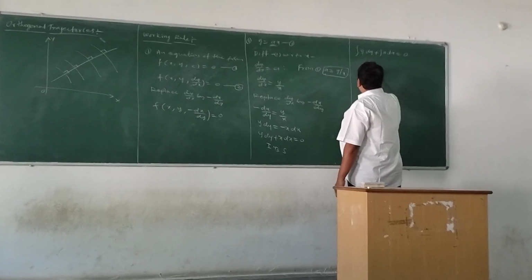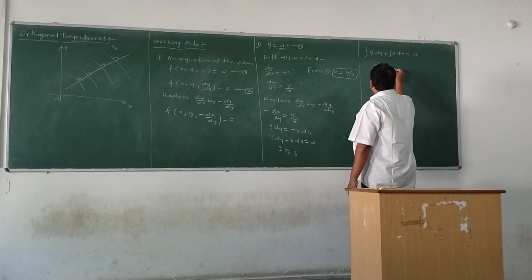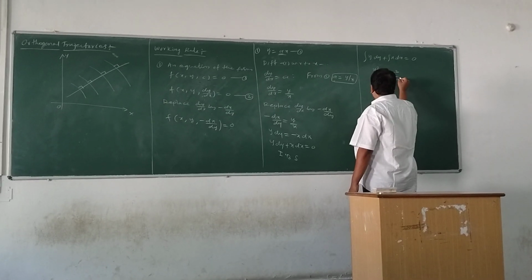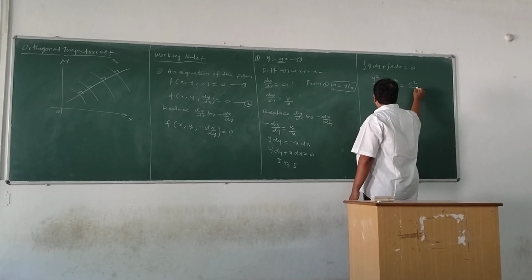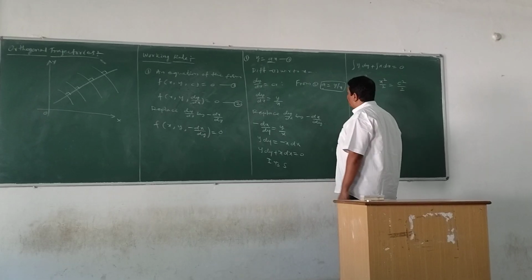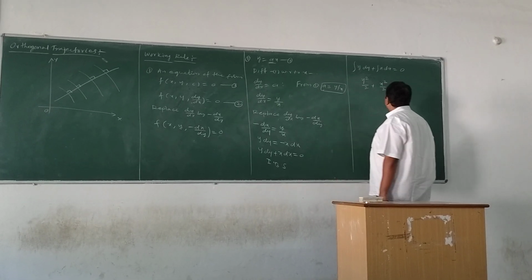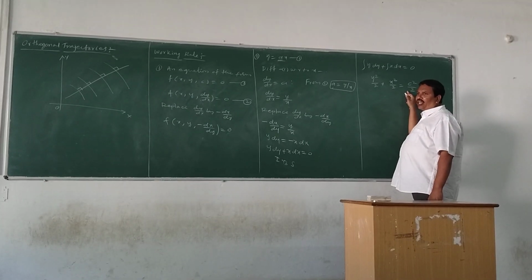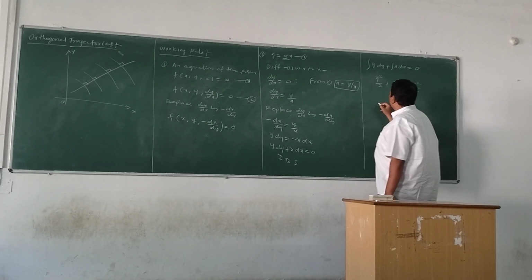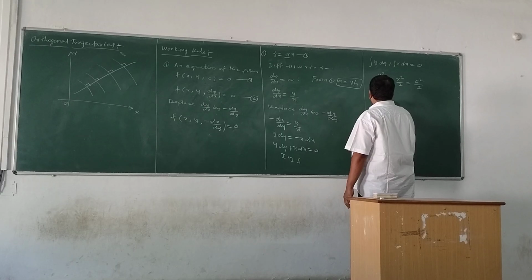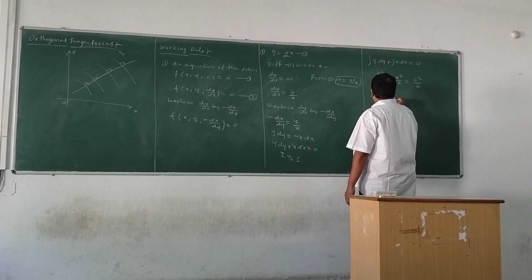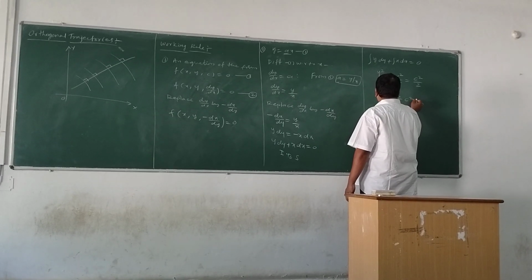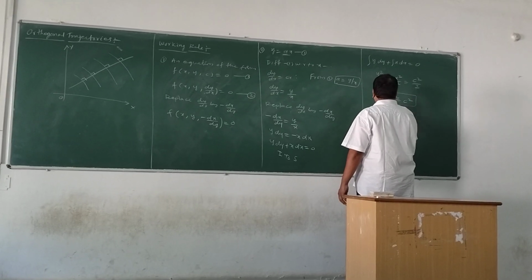Now y square by 2 plus x square by 2 equals c square by 2. Every time, for our convenience, we take the constant that way. That is the rule. So from this we take y square plus x square equals c square.